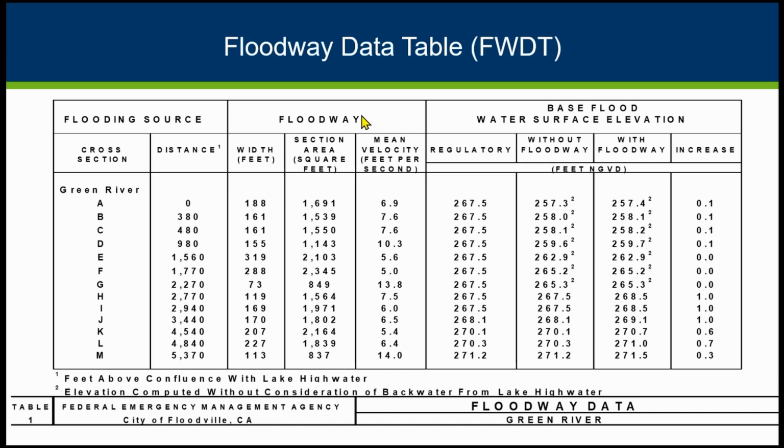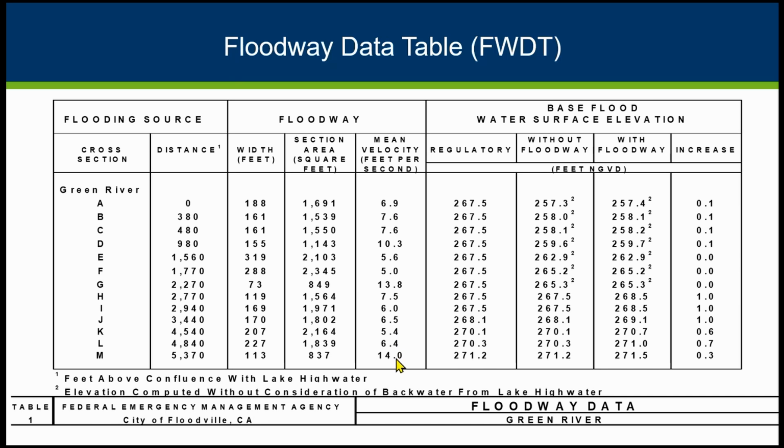There'll be a section here about the floodway, and we'll talk about the floodway a little bit more later. But that's something that engineers are more likely to be using. Our zoning officials don't use this section as much, although they might look at the mean velocity, so the average velocity across the floodway, because there's some types of floodproofing and standards that say you can only use them if it's 5 feet per second or less.